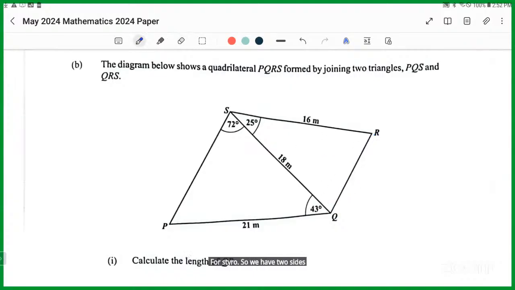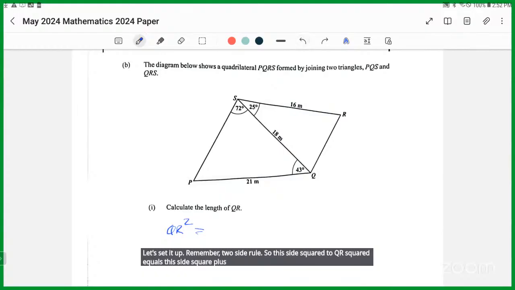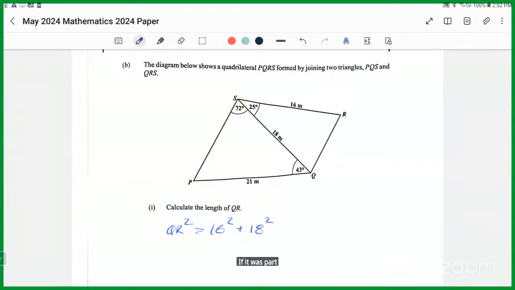Let's set it up. Remember, the cosine rule starts like Pythagoras' theorem. So QR squared equals this side squared plus this side squared: 16 squared plus 18 squared. If it was Pythagoras' theorem, that's where it would stop, but it's not.